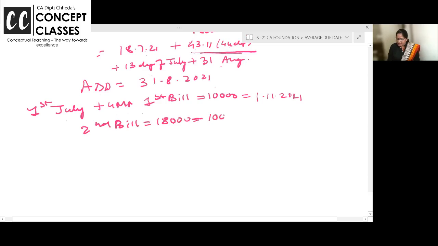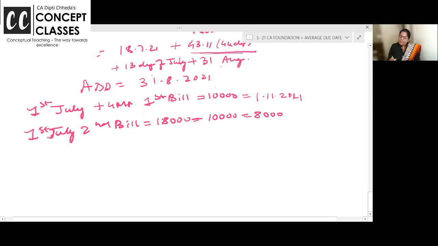Now, the second bill is drawn for the balance. 18,000 minus 10,000, 8,000 along with interest. And the second bill is drawn on which date? Tell me the due date. On 1st July, the first bill was drawn for 4 months and the other bill was drawn on the same day, 1st July only.